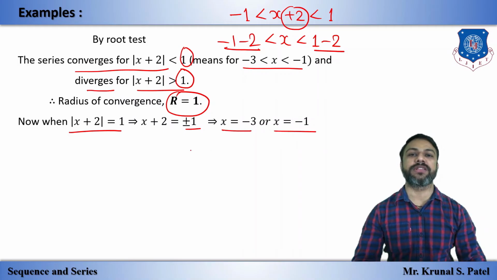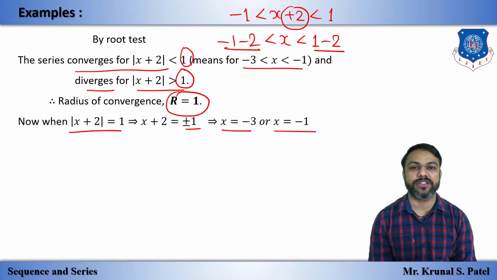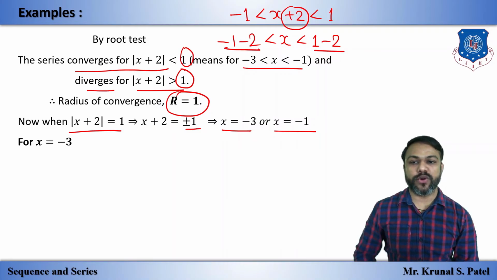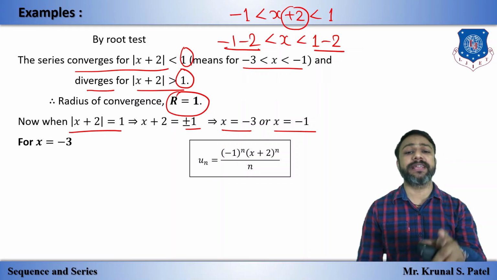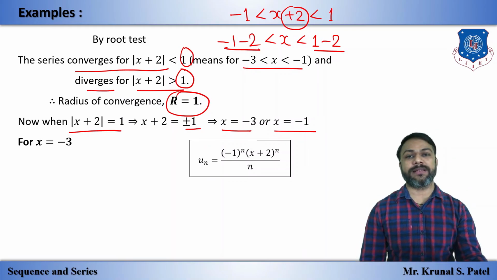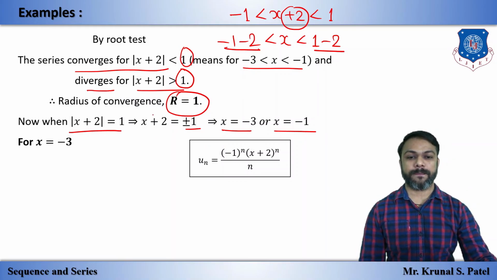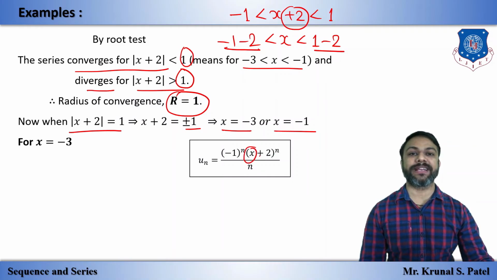So now we will check for x equal to minus 3 and minus 1, one by one. For x equal to minus 3, the given series becomes minus 3 plus 2, which is minus 1 raised to n, and you know that minus 1 raised to 2n is even, so it is 1 by n.